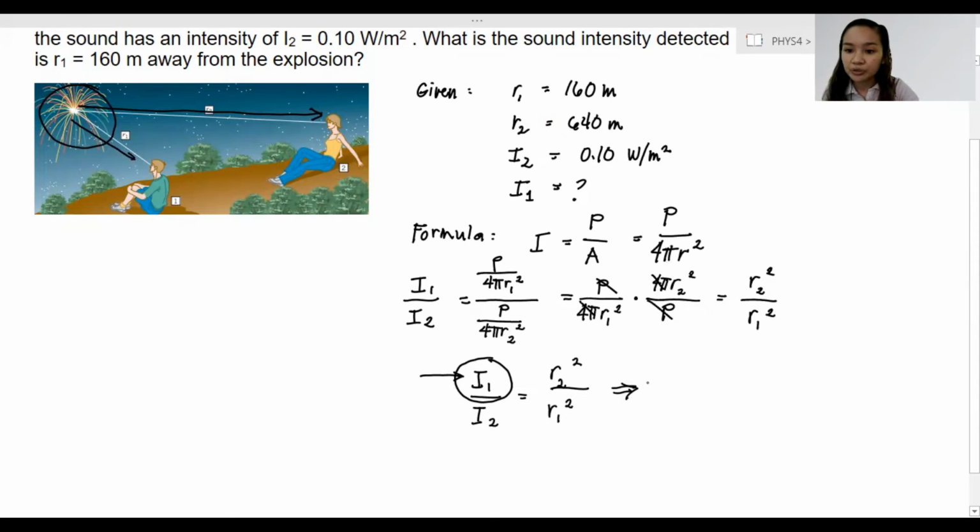So what will happen to this equation is I multiply both sides by I sub 2 so that it cancels out on this side and moves to the other side. What is left on this side is our I1. So this is how it will look like.